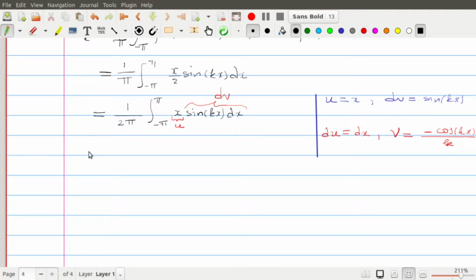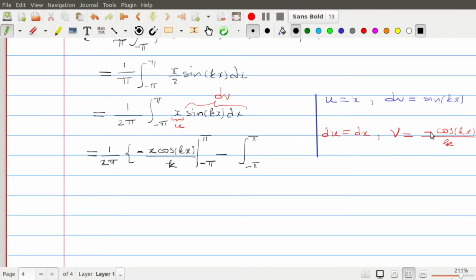Okay, so now if we expand that formula, we have 1 by 2 pi into uv, so we know that our uv will be negative x cosine kx by k, that is our uv, of course evaluated at negative pi and pi, now minus the integral from negative pi to pi of v du.